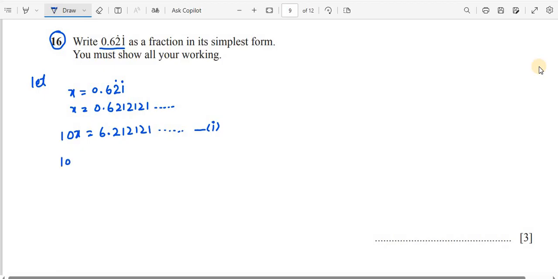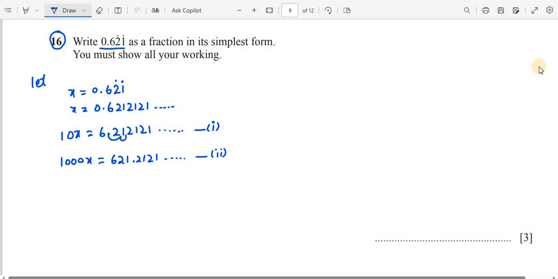We get 1000x is equal to 621.2121, and so on, moving the decimal point two places. Say that this is equation number 2.